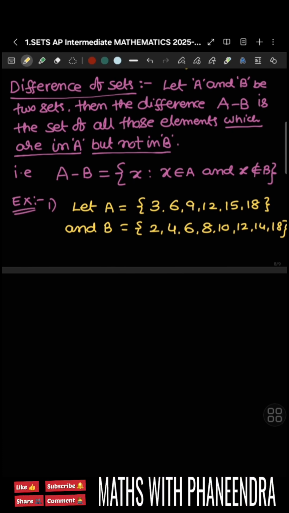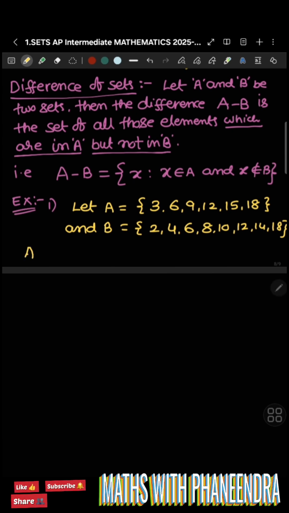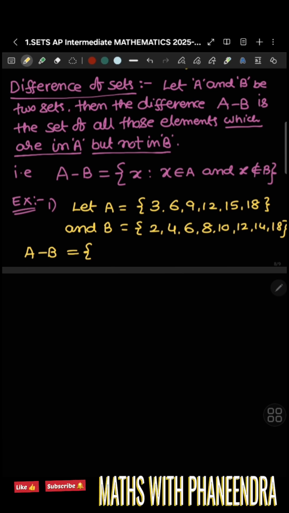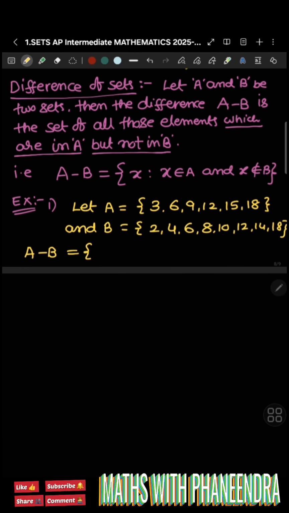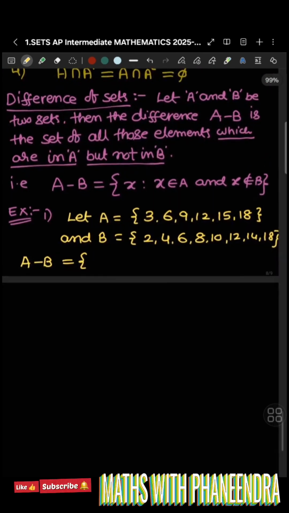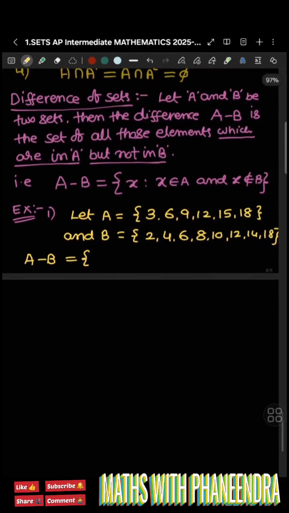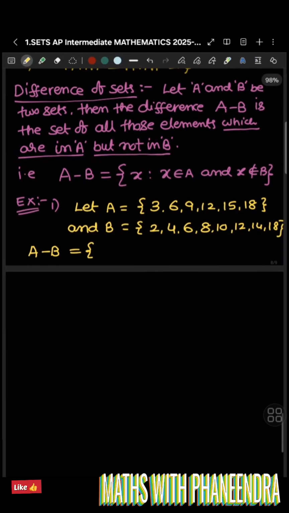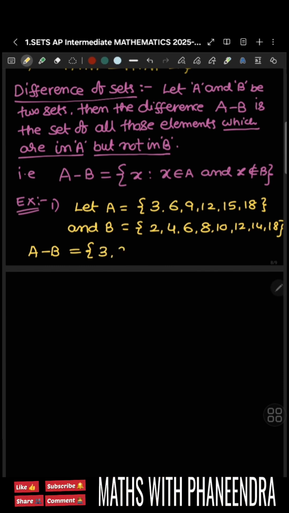In this, first we will find out A minus B, the elements which are present in A and not present in B. A is equal to, in that 3 is there in A, not there in B, so 3. 6 is there in A and B also, no, we cannot take. 9 we can consider, why?